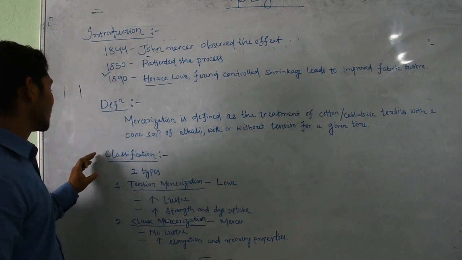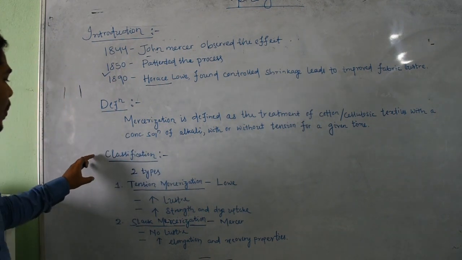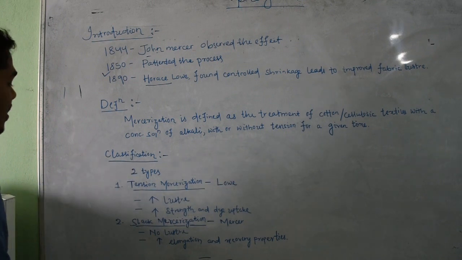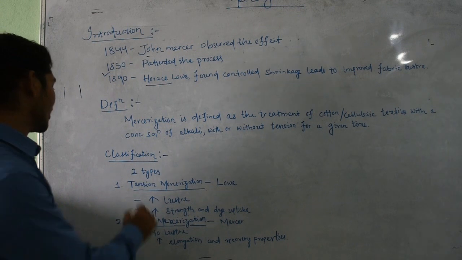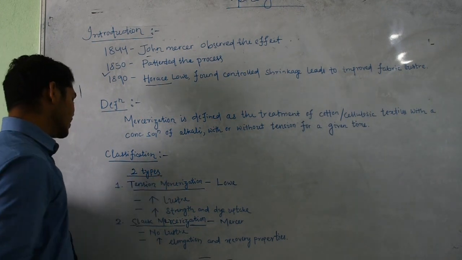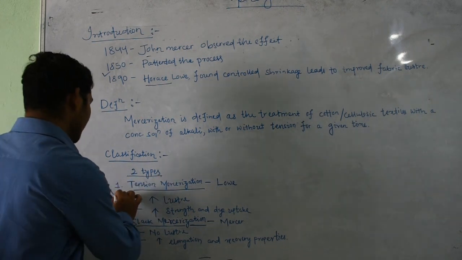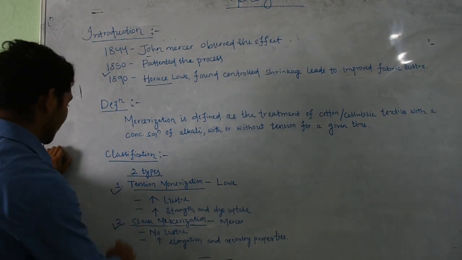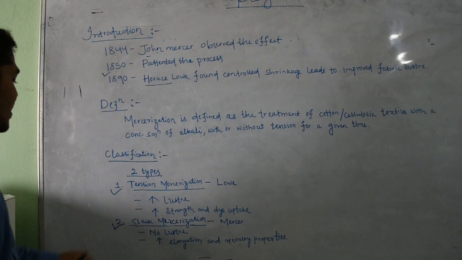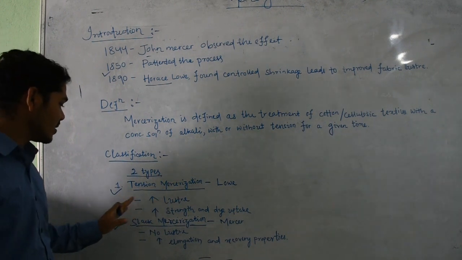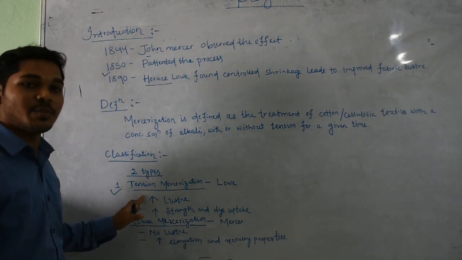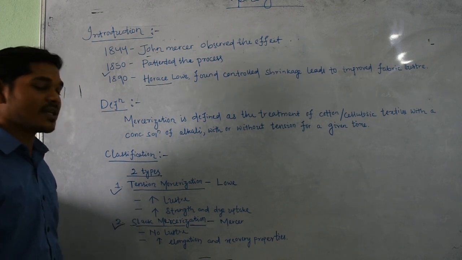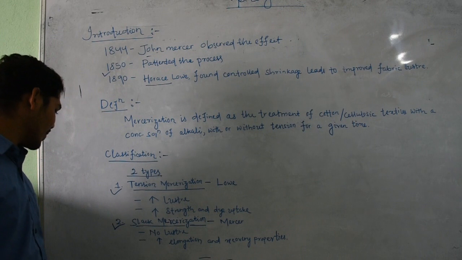Now, let's know the classification of the mercerization process. It can be classified into two categories. The first one is tension mercerization, and the second one is slack mercerization. In tension mercerization, the luster is improved, and the strength and dye uptake of the cotton textile are improved.